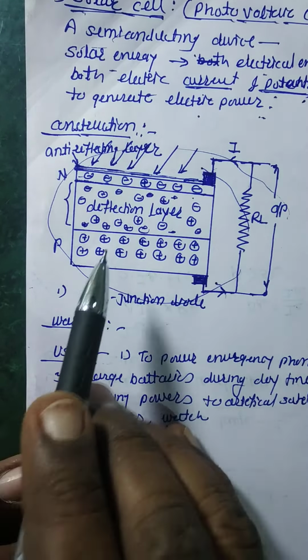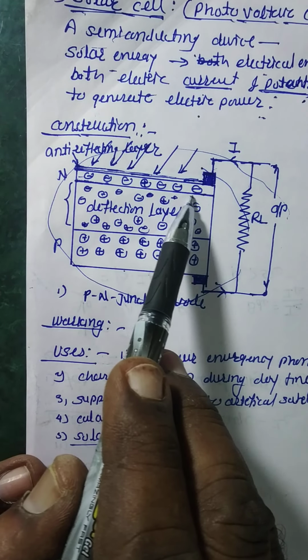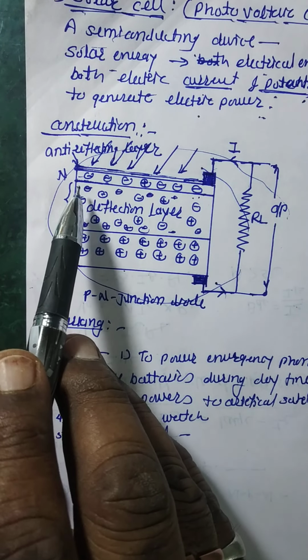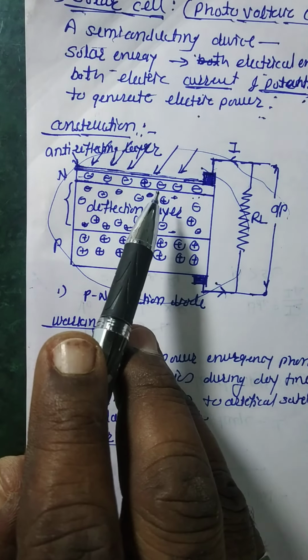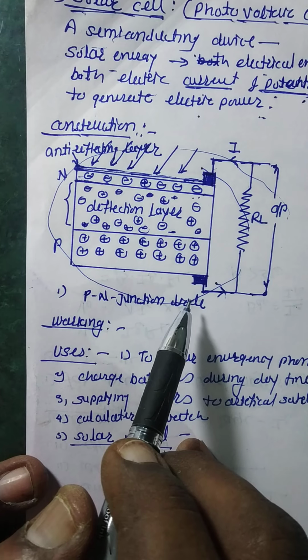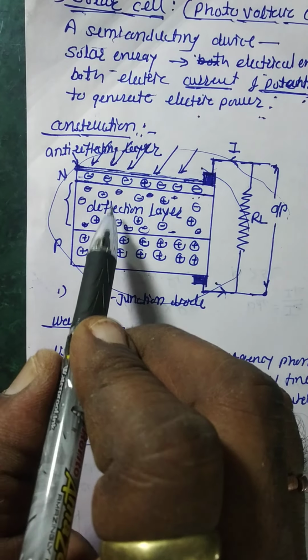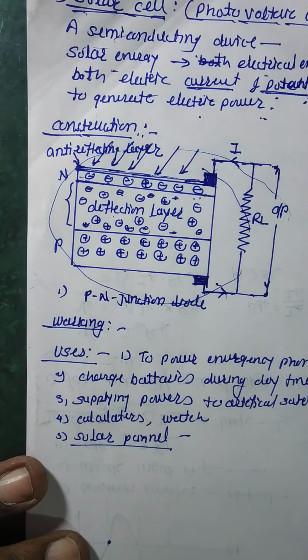Solar cell consists of a PN junction diode in which an extremely thin layer of n-type semiconductor is deposited on a thick layer of p-type semiconductor by the diffusion process, so that the depletion layer is formed very close to the top surface.